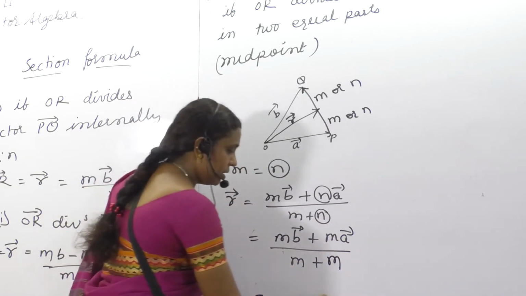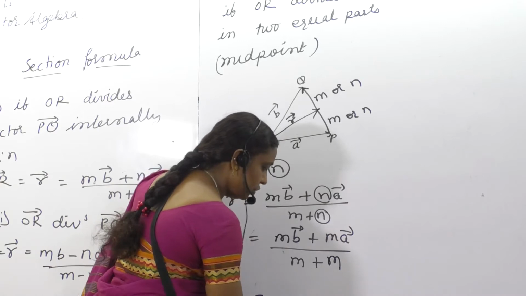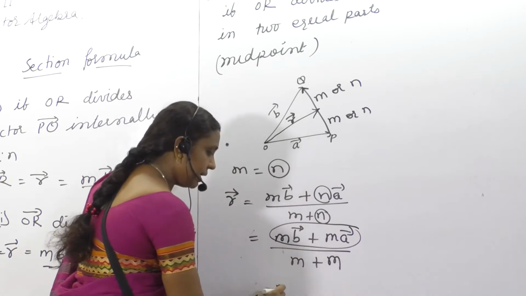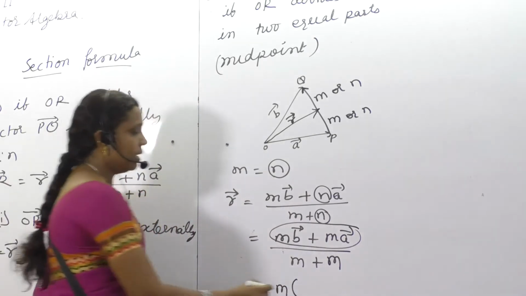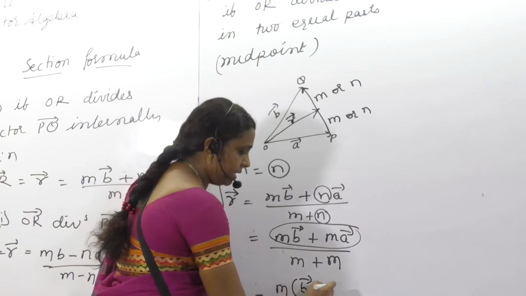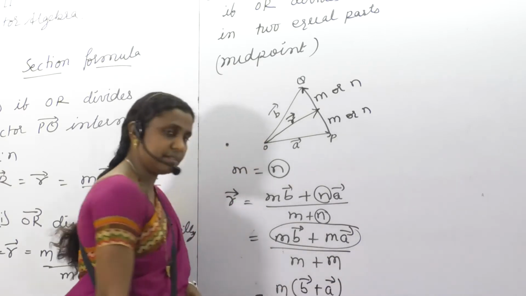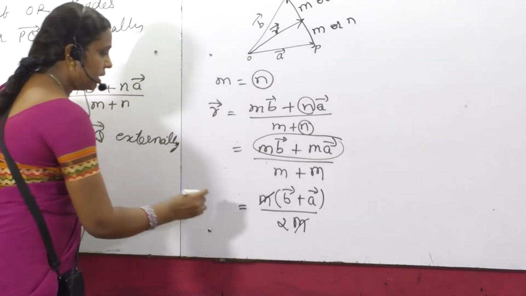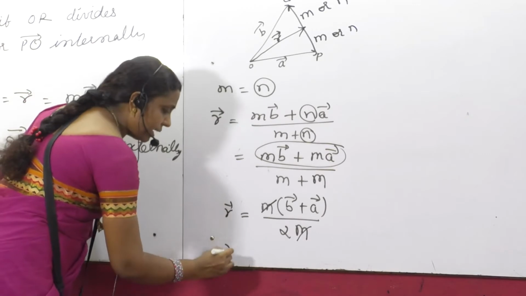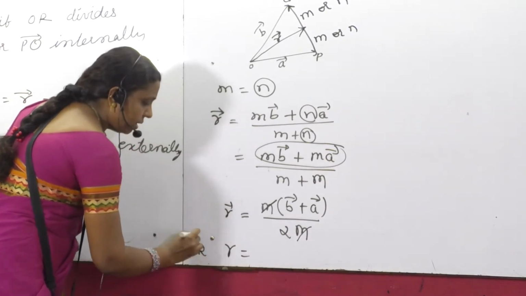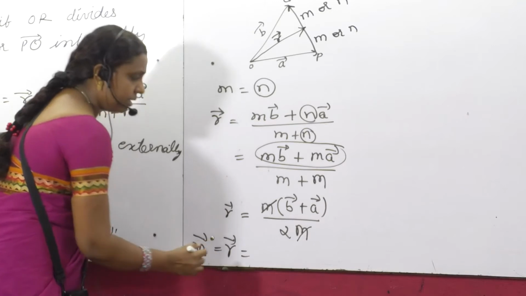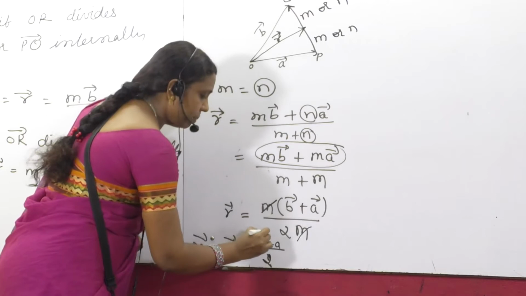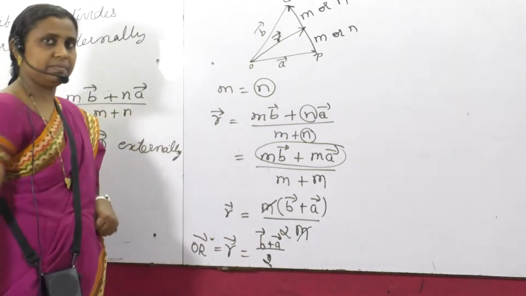Am I right? So m plus m is equal to 2m, and check it here in the numerator part. You can take m common, and in the parenthesis you find b plus a, the vector. Further simplification, in that m is going to be cancelled, and you find position vector OR, vector R, as (b plus a) divided by 2, where b is a vector, a is a vector.